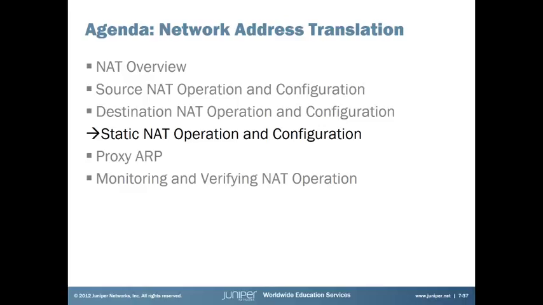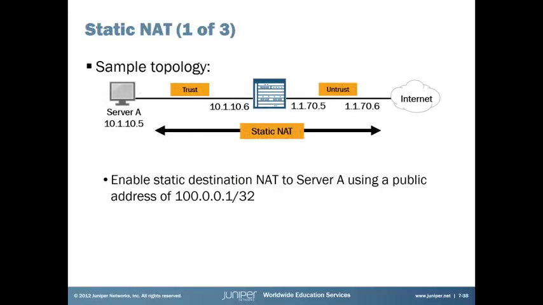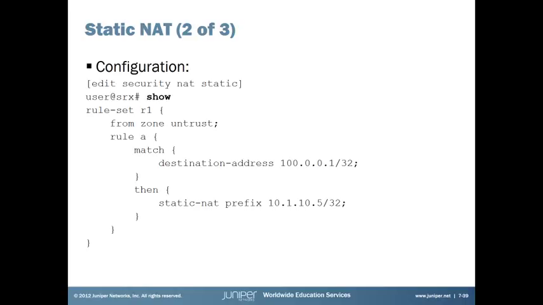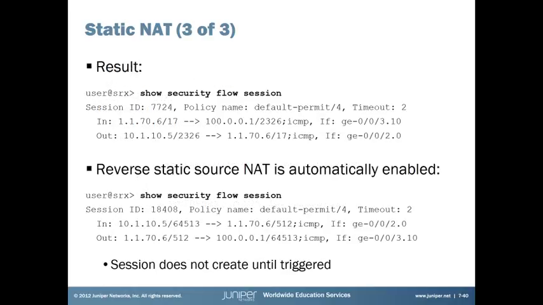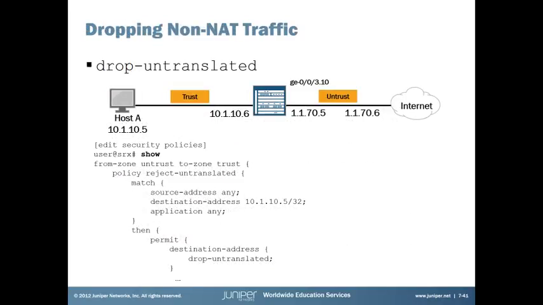We'll just look at static NAT. It's pretty basic actually. It just goes from one address to another address, and that's that. So from a zone, match destination address, then static NAT to another address. That's about it. So we've got static NATting and reverse NATting, which happens automatically.